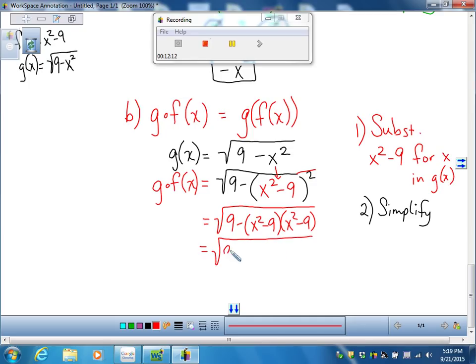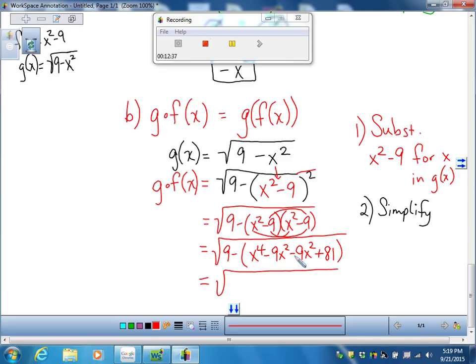So x squared times x squared is x to the 4th. Negative 9 times x squared, negative 9x squared. Negative 9 times x squared, negative 9x squared. Negative 9 times negative 9, positive 81.